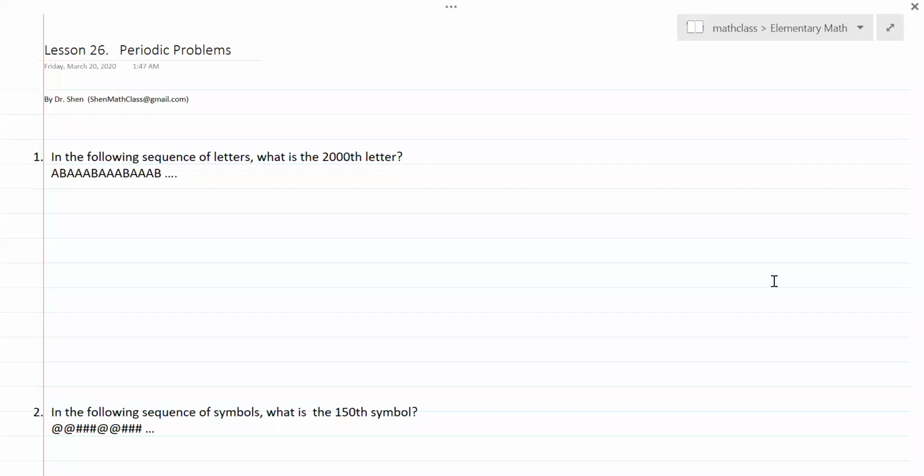So we have to do some division problems, and you figure out the remainder.